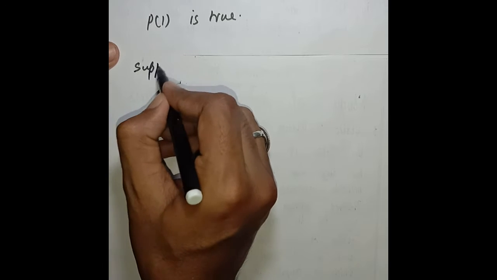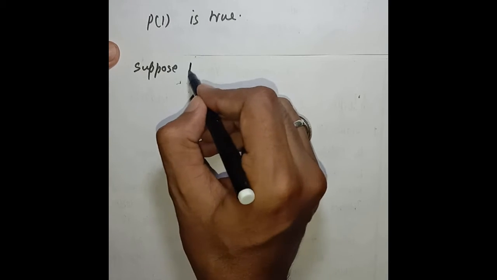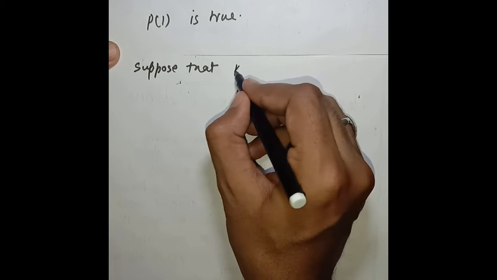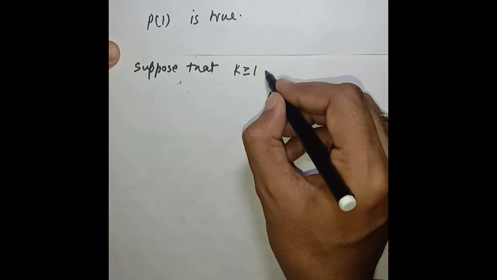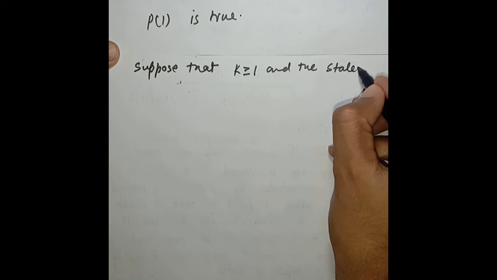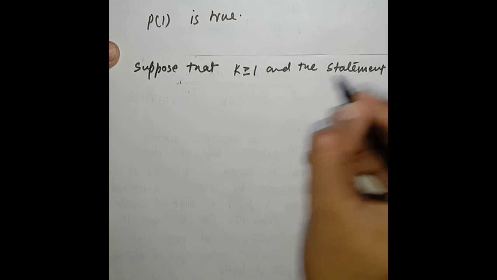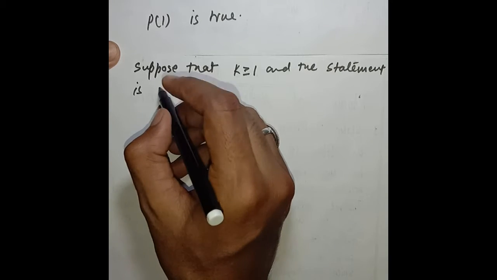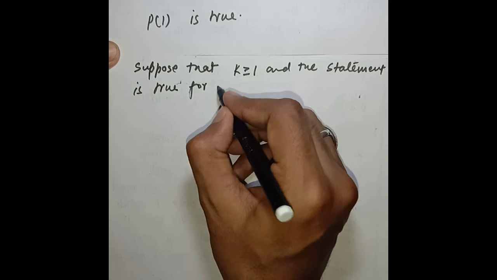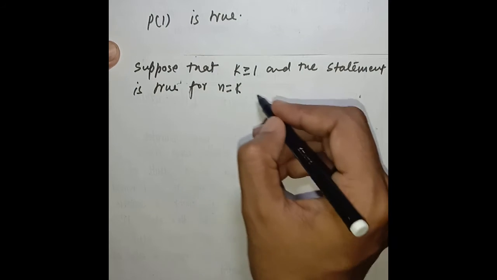Suppose that k is greater than or equal to 1 and the statement is true for n is equal to k.